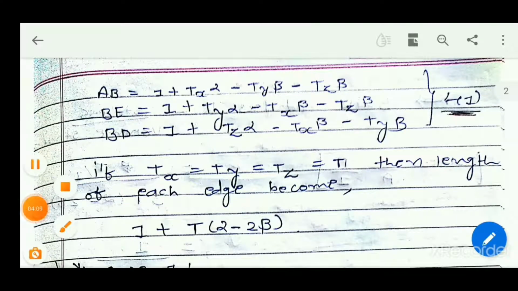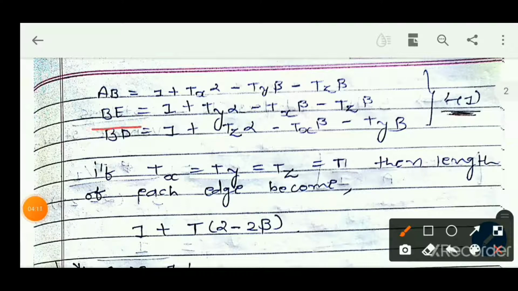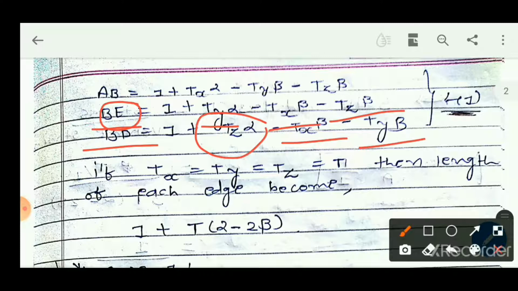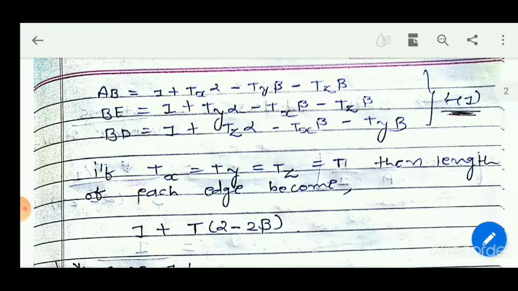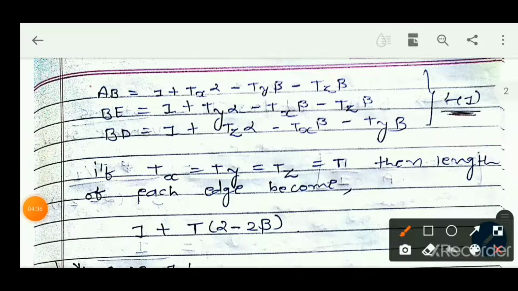Similarly, BE is equal to 1 plus Ty alpha, an increment in Ty, and BD is an increment in Tz. The other two directions are decrements, so BE has minus Tx beta minus Tz beta, and similarly BD has minus Tx beta minus Ty beta. So it's our equation 1, a very important equation.